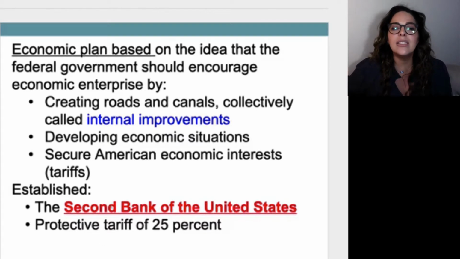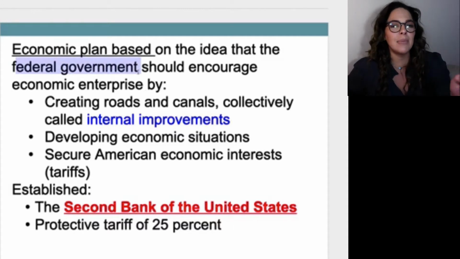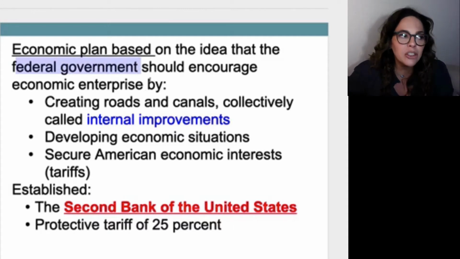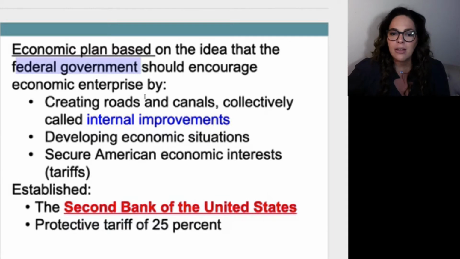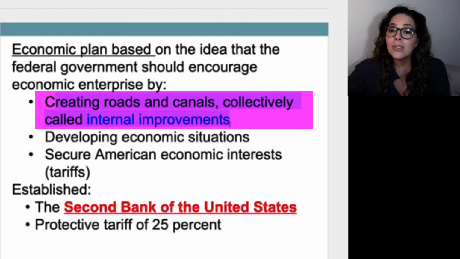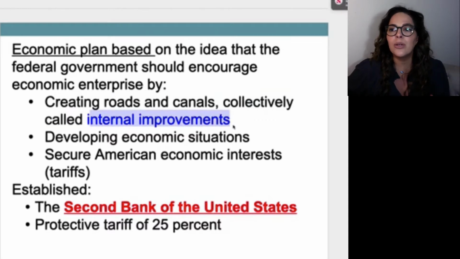So the idea here is that the federal government should be spending money, should be encouraging this economic development by specifically creating roads and canals called internal improvements. So whenever you hear that word right there, internal improvements, what are they talking about?